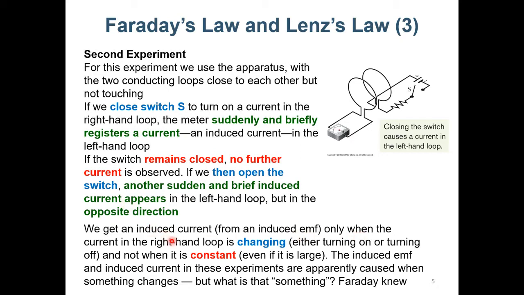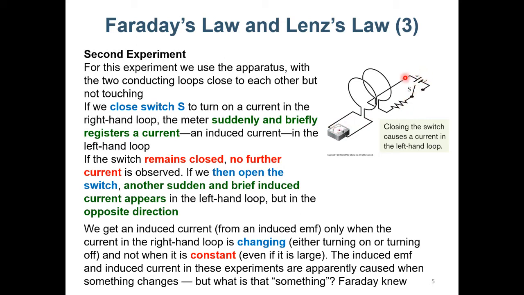Okay, so the induced EMF and induced current in this experiment appear when the current in the right-hand loop is changing, either turning on or turning off, and not while it is constant, even if it's large. But what is that something that changes? Faraday knew. If something is changing, there will be current in this loop.